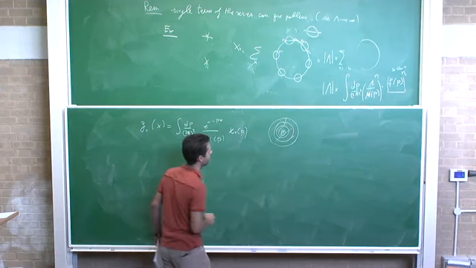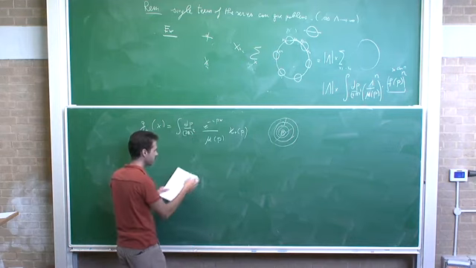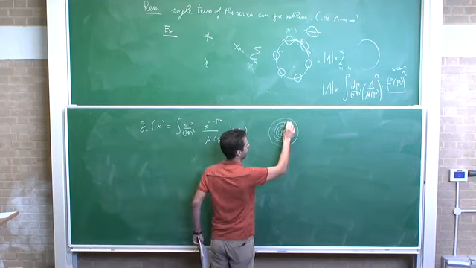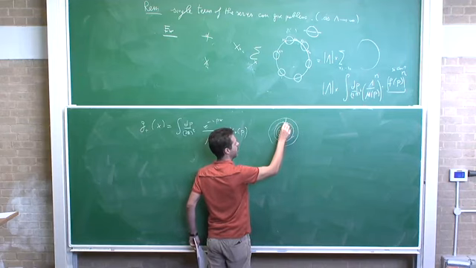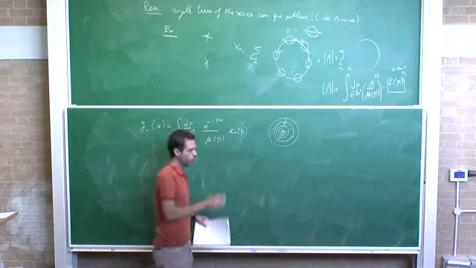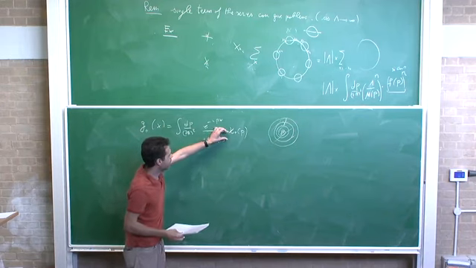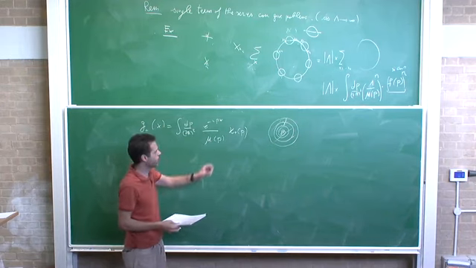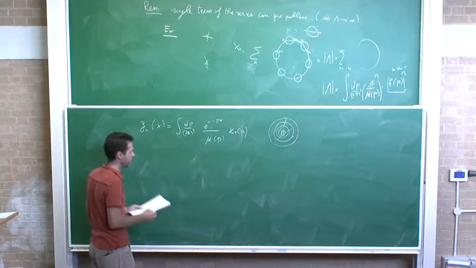So this is a scale, maybe 1, this is a half or a quarter, and so on, to decompose the integral on rings which are closer and closer to the singularity.